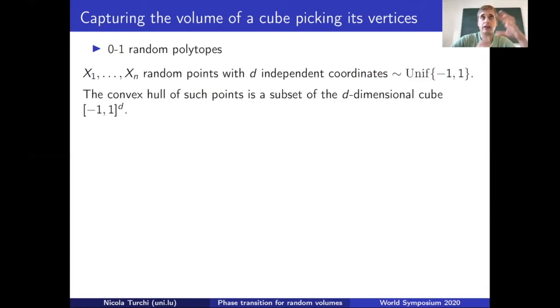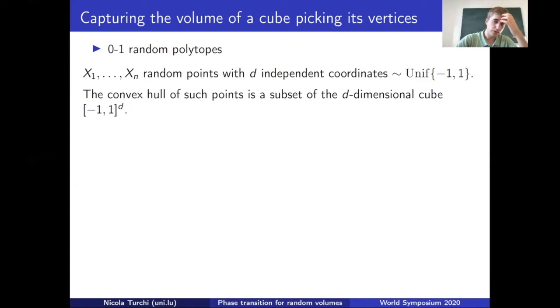So if you take the convex hull of such points, you end up with a subset of a d-dimensional cube. Now, if the points are picked with the procedure I described, of course, if you keep picking points, you will eventually pick all of them. And in that case, you will have covered the whole cube.